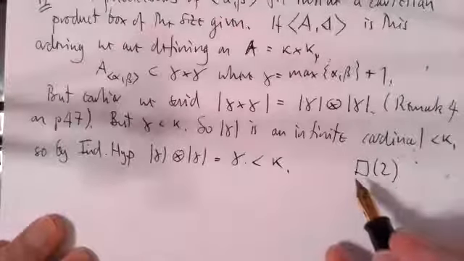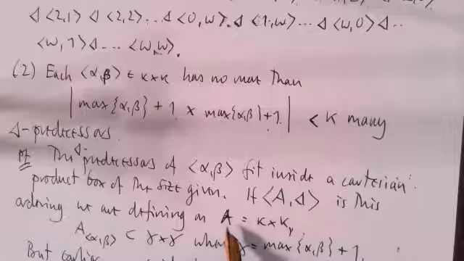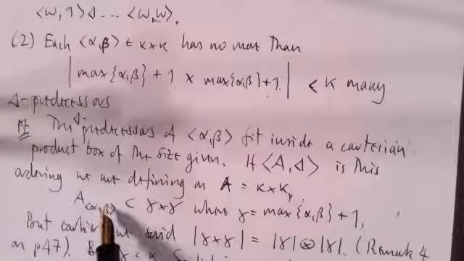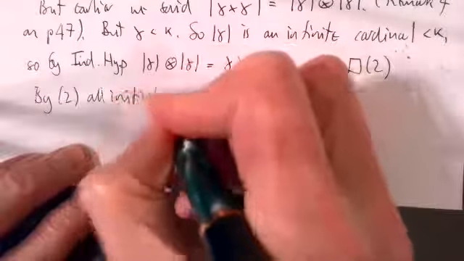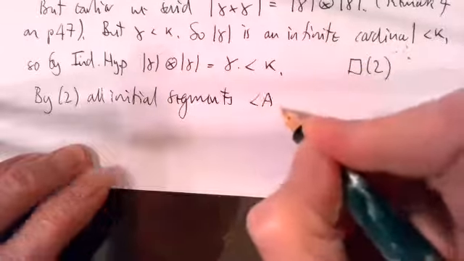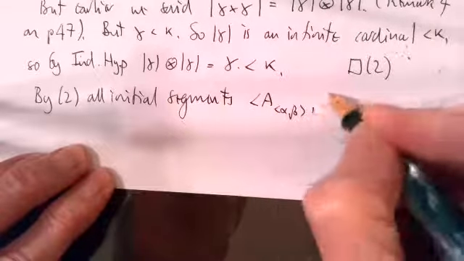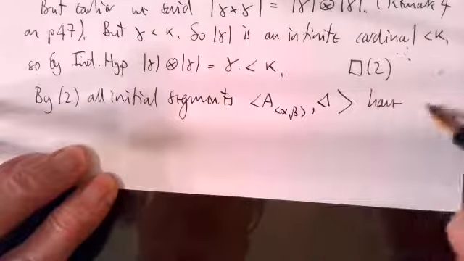So by 2, we've got that the triangle ordering on kappa cross kappa, all of its initial segments have got size less than kappa. So the exercise before applies. So all initial segments of the kind I've been drawing have order type less than kappa.